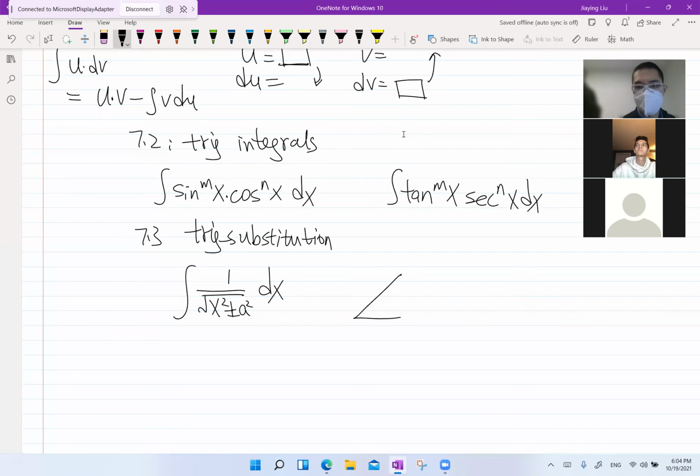You basically have to set up a right triangle, call this angle theta. From there, you can derive an equation of x in terms of theta for the substitution. And then 7.4 will give you integration by partial fractions.